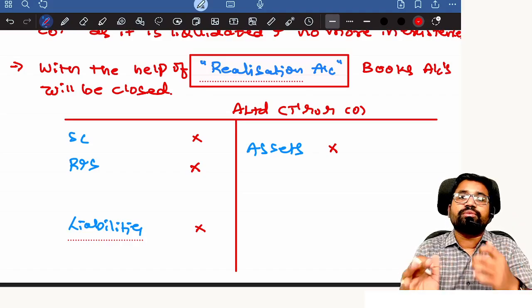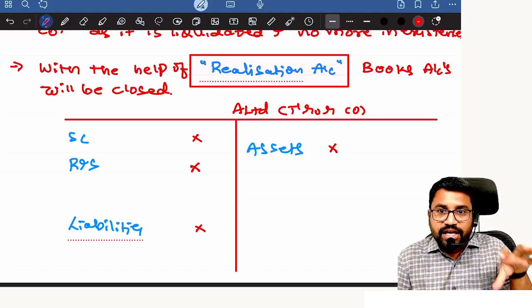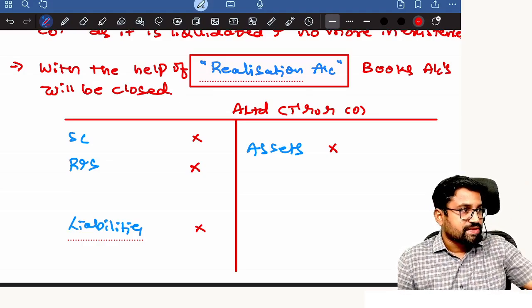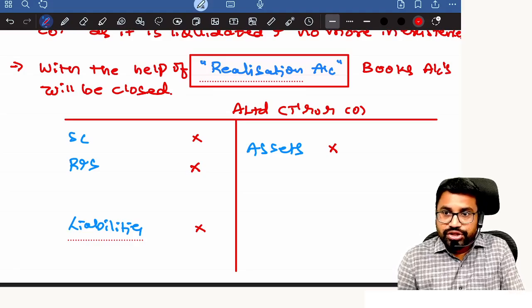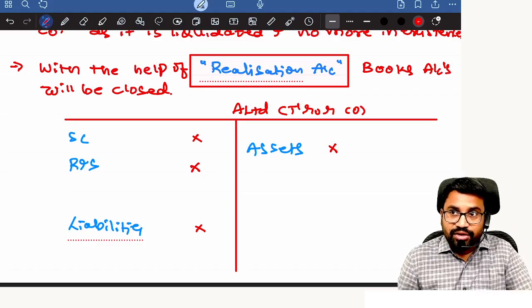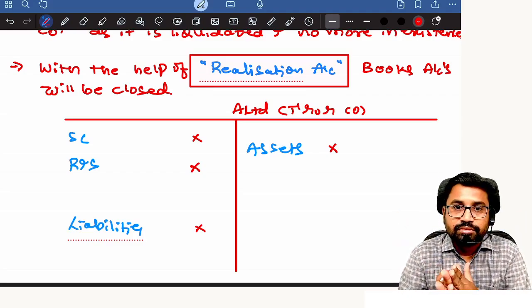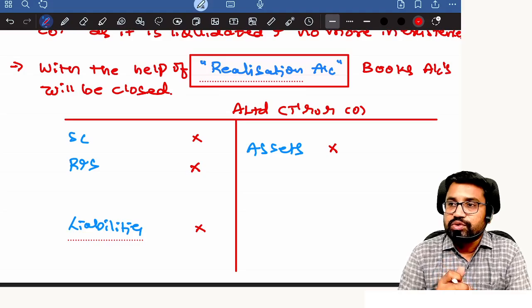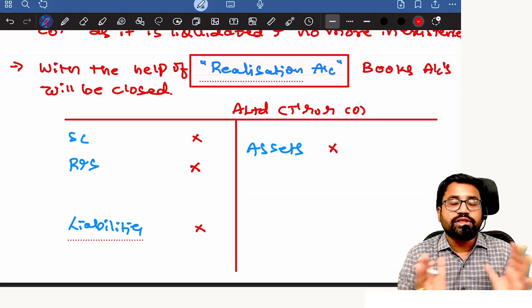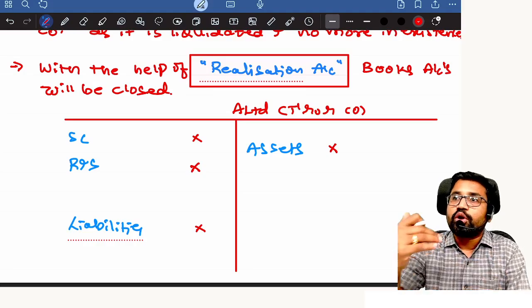Everything must be removed from the books. That is called closing books of accounts. So being a transferor company, I am transferring my business. Therefore I am in no more existence. Therefore in my books, whatever assets are there, whatever the liabilities are there, whatever the reserves are there, whatever the share capital is there, everything will be closed. Then only it is called closing of books of accounts. So my agenda is, now I need to close everything in the transferor books. Sir, how am I going to close it?